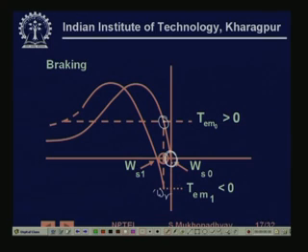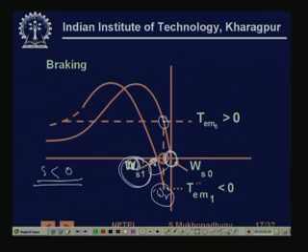So suddenly if you now reduce the synchronous speed to a new synchronous speed omega s1, this is omega r and this is omega s, so omega r is greater than omega s, therefore slip is negative. So immediately the machine will operate according to this curve, because now this is the new synchronous speed.